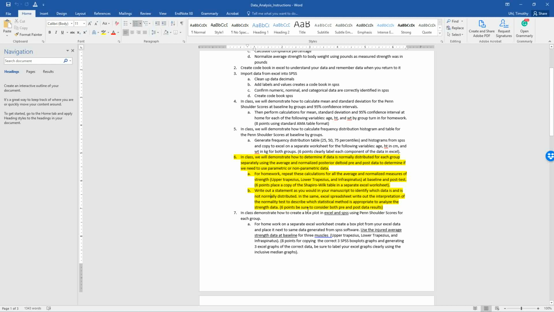So you've got to make a decision. Is this appropriate to do parametric or non-parametric analysis for these tests? So you're going to use both the average and normalized measures when you do this calculation. So I'm giving you a couple options to interpret that data. That is all.